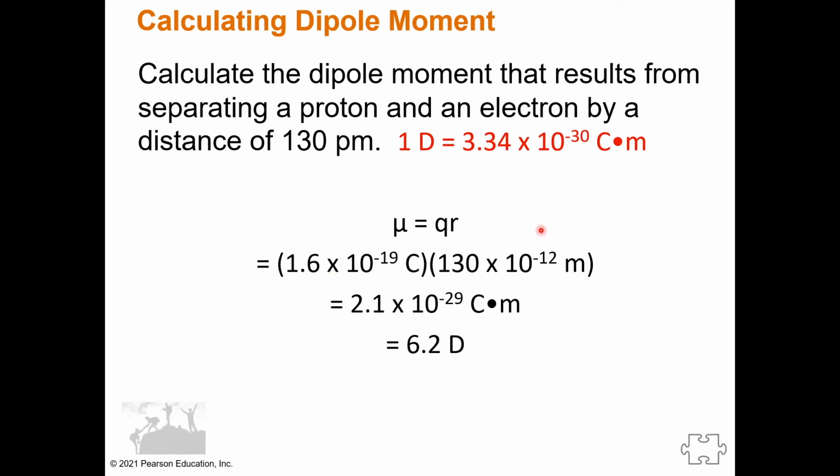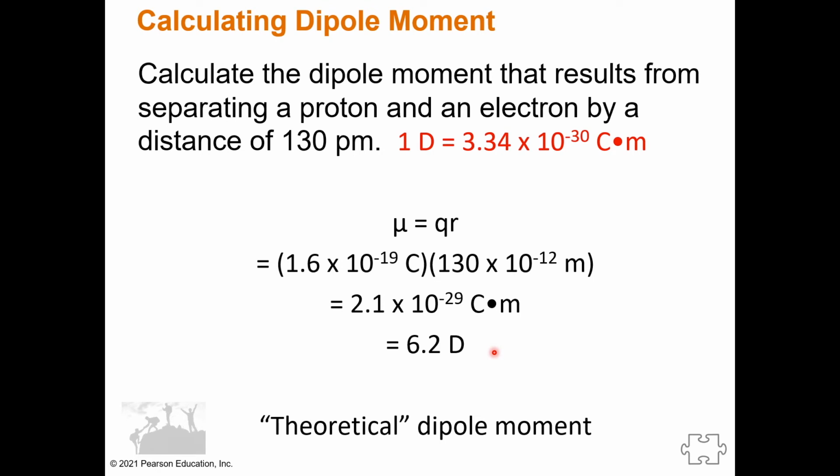Also, don't forget the conversion factor between picometers and meters. In this equation, you just multiply these two values together and then convert this value to debyes. So here our answer is 6.2 debyes, and this is the theoretical dipole moment.